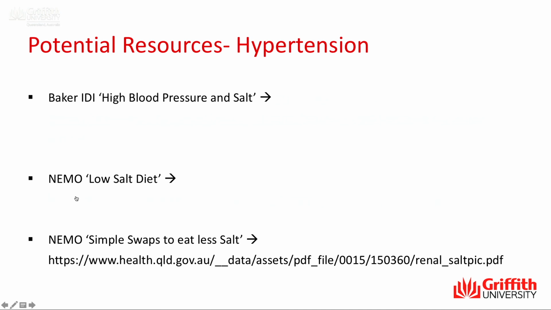The other one is the Nemo Low Salt resource. Again, it goes through quite a lot in detail on changing to a more low salt diet. And the last one is quite a nice pictorial guide of simple swaps to eat less salt.